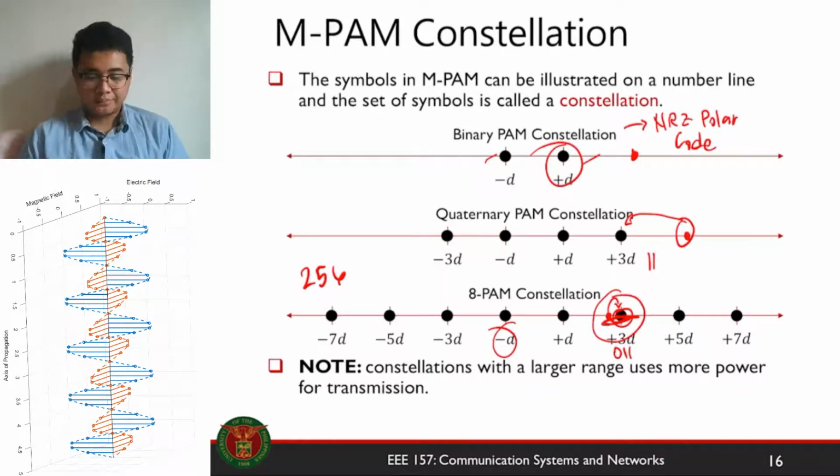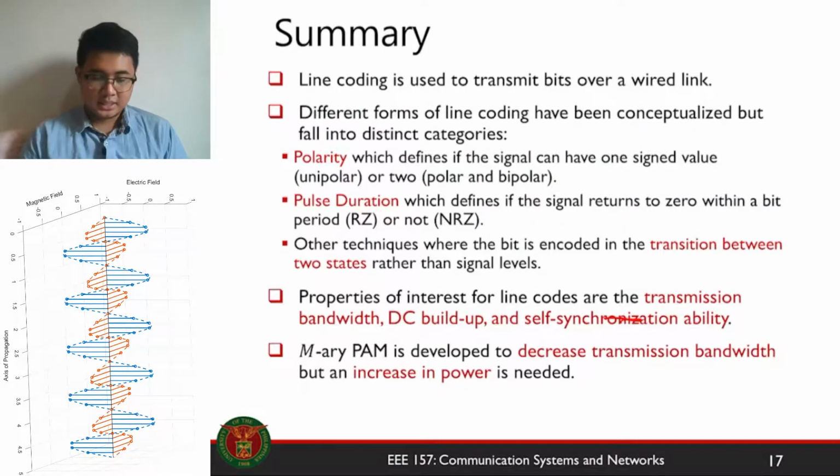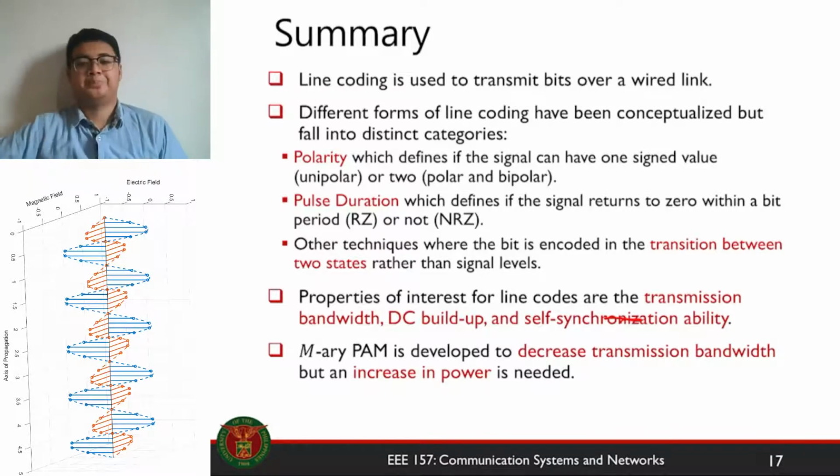So, to summarize, line coding is used to transmit bits over a wired link, and we can categorize the different line codes in terms of polarity, pulse duration, or if it's a transition between the two states, when you encode your bits in a transition rather than the signal levels.